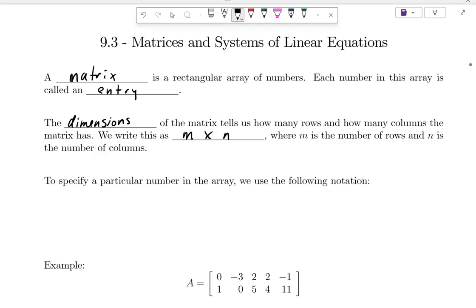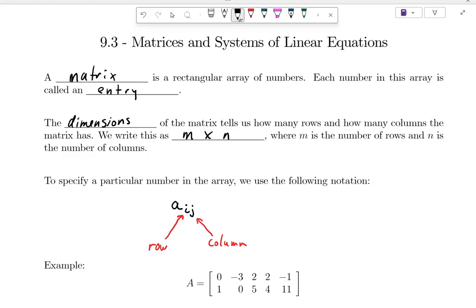So if I want a particular number in the array, we'll use a lowercase entry that corresponds to the uppercase letter denoting the matrix. And then we use subscripts. Usually we write an i and a j. The first number is the row. The second number is the column.